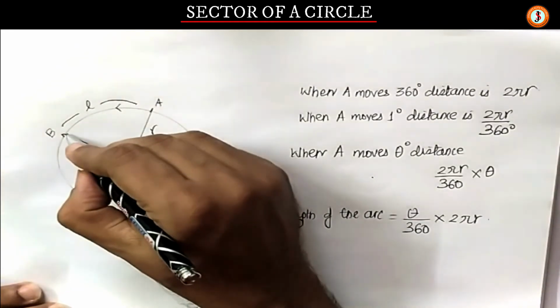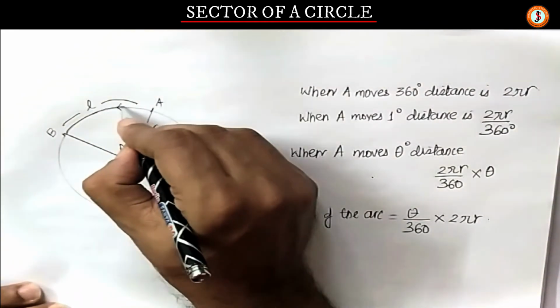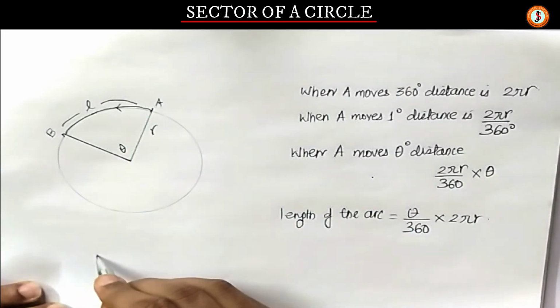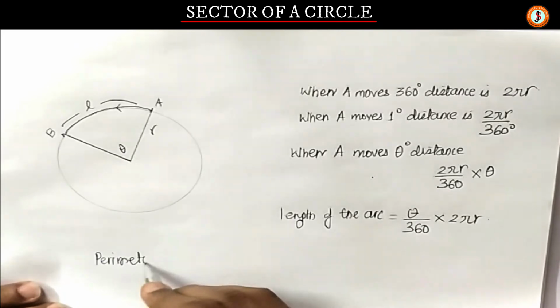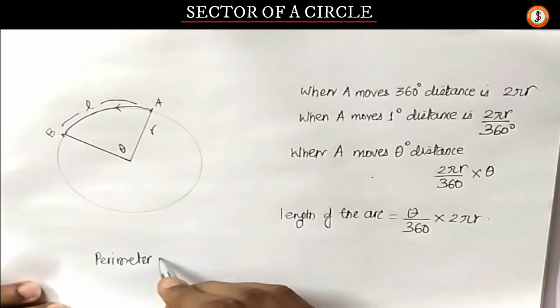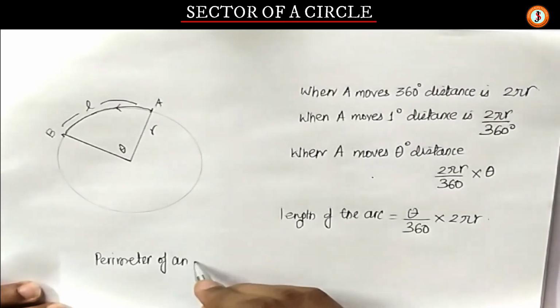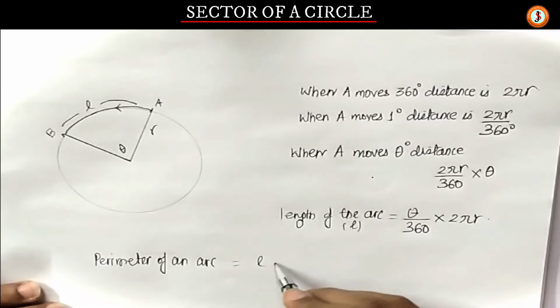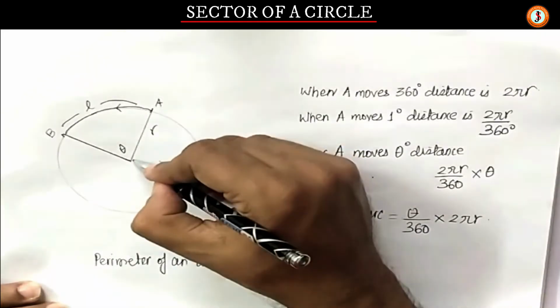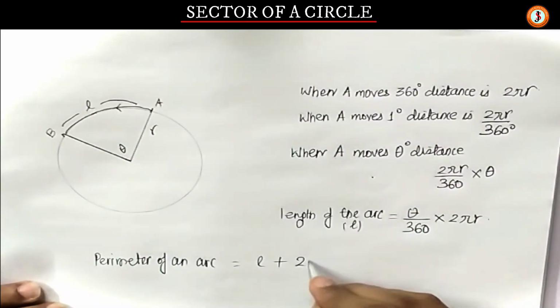However, if they ask what is the perimeter of the sector, perimeter means the distance covered while traveling on the boundary of a closed figure. So for the perimeter of a sector, with the length of the arc L, it will be L plus radius plus radius, that means twice the radius.